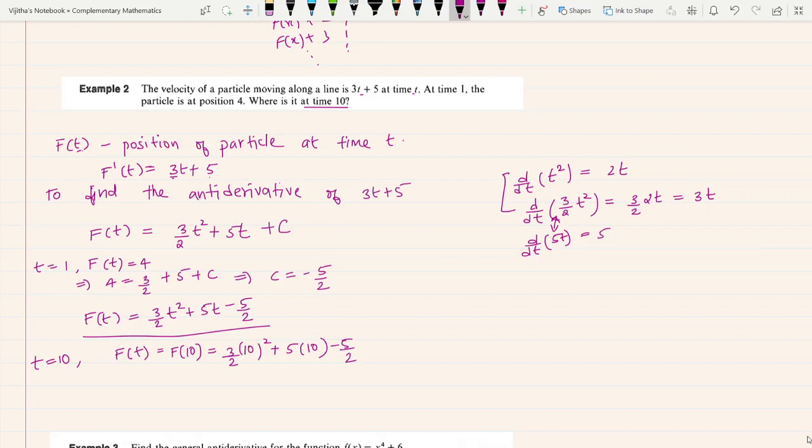You can simplify it and you will get 197 and 1 by 2. This is the general formula for position, and if you substitute t equal to 10 here, you will get the position at t equal to 10.